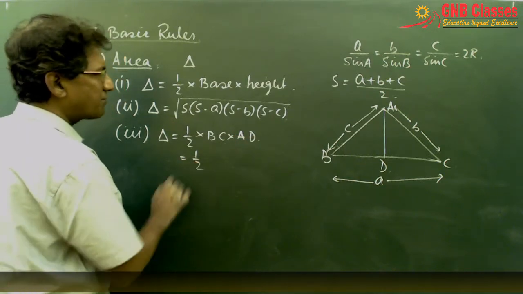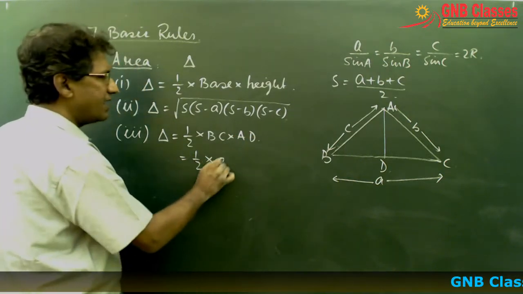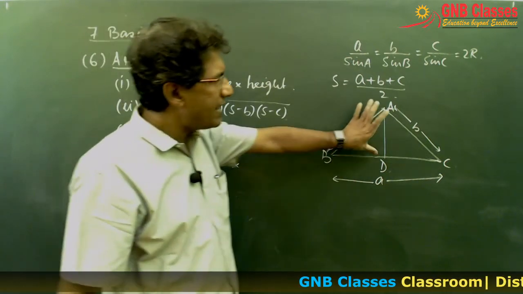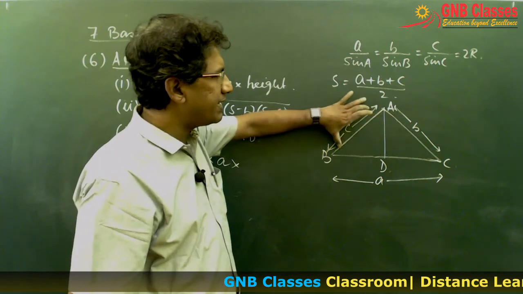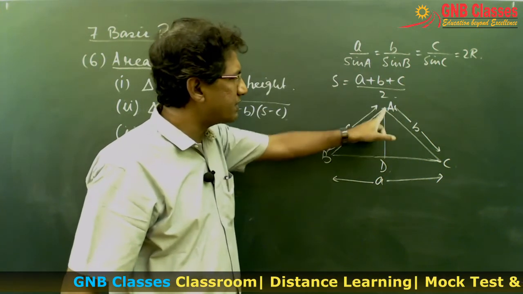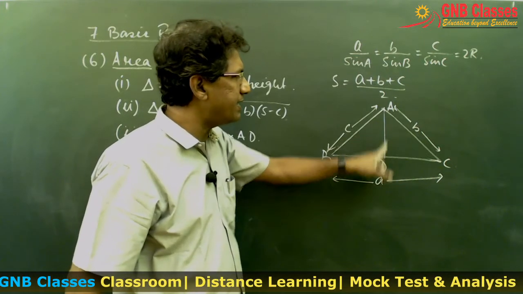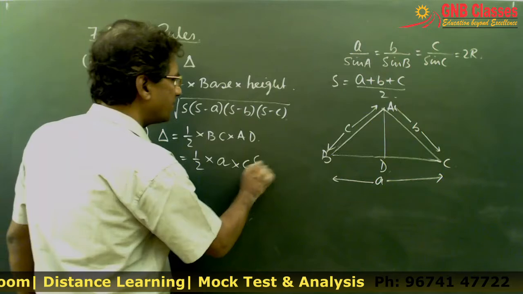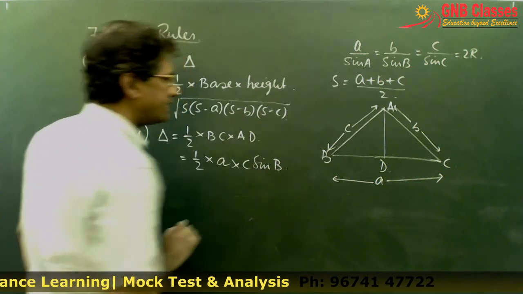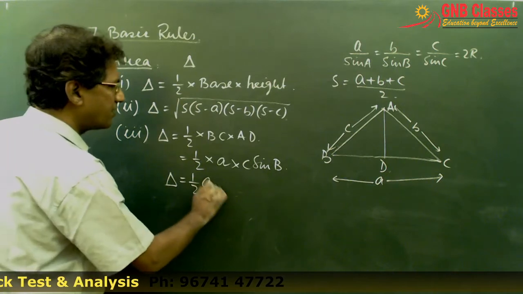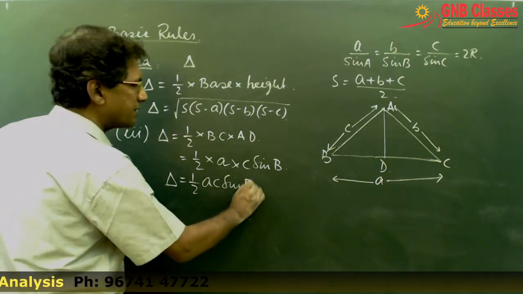So half, what is BC? BC is nothing but a. And what about your AD? From the triangle ABD, AD can be written as c sin B. Is it clear? So the third formula that we got is half a c sin B.